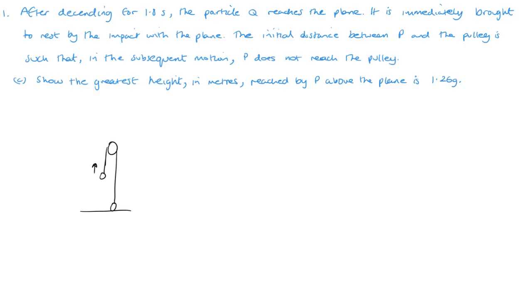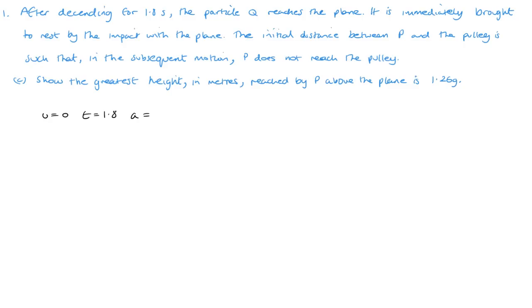So what we've got to do is find out how far P rose up from its original position. So in that 1.8 seconds, and then how far under gravity it continues to go. Let's start off with the 1.8 seconds first of all. So they start off at u equals 0, travel for 1.8 seconds.